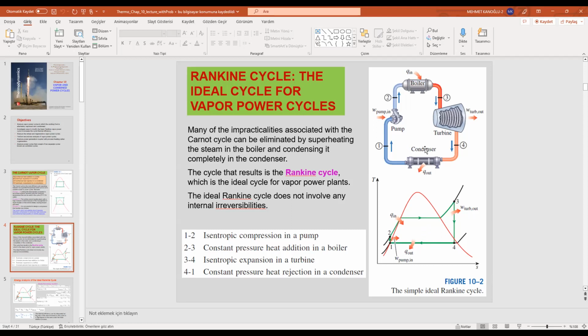And this is the ideal Rankine cycle. The compression and expansion processes are isentropic. There are no pressure drops. So this cycle is internally reversible. Because heat addition is taking place across a finite temperature difference, we know that it's not externally reversible.